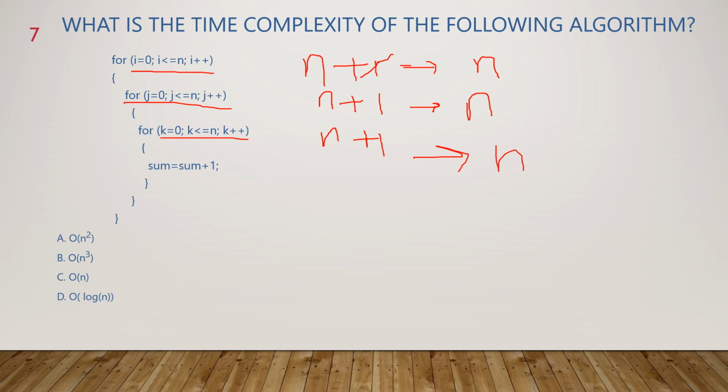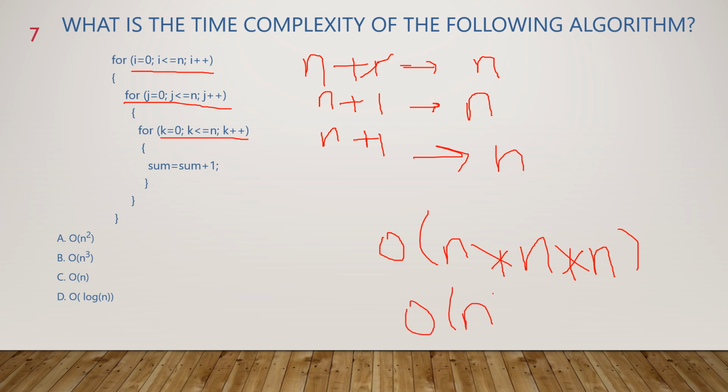And based on this, the time complexity of the three is big O of n times n times n. Based on this, big O of n cubed is the answer for this question. The answer is B, big O of n cubed.